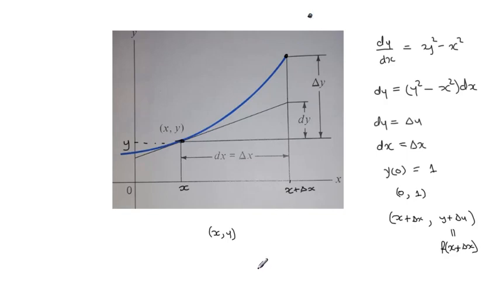At the end of the day, we're going to have a table of values where for x we've got x0, then x1, which is x0 plus the increment, then x2, which is x1 plus the increment, x3, and so on.